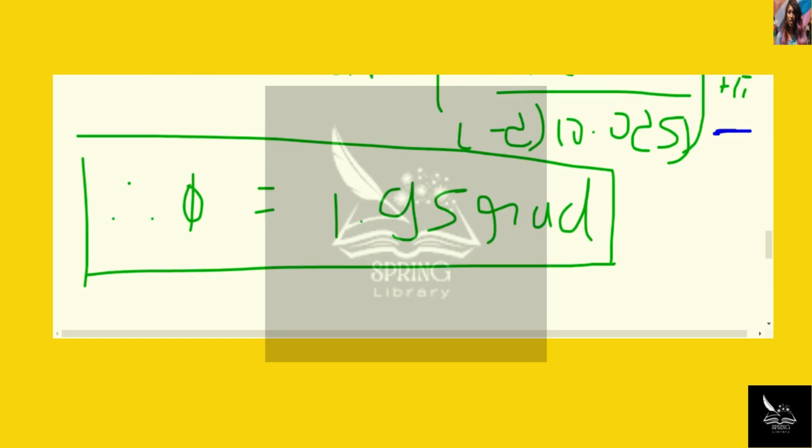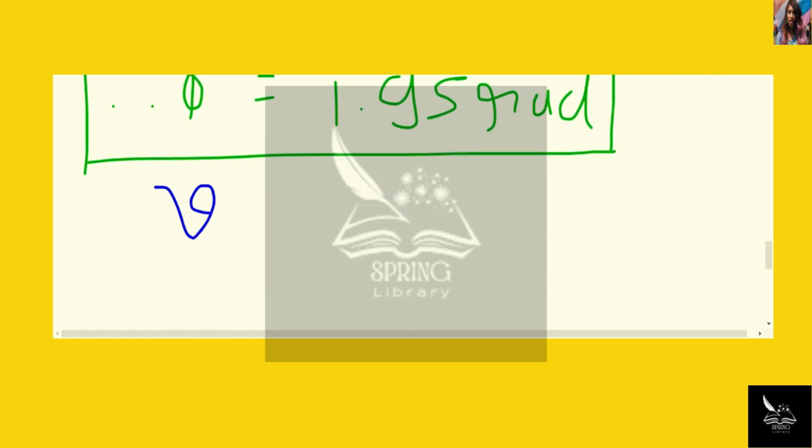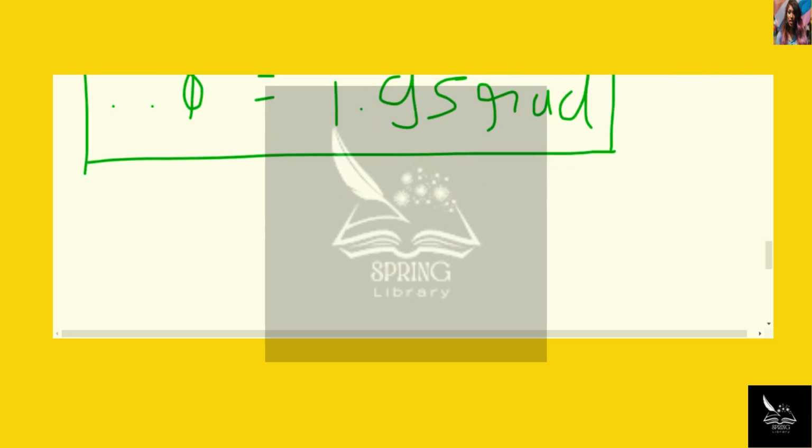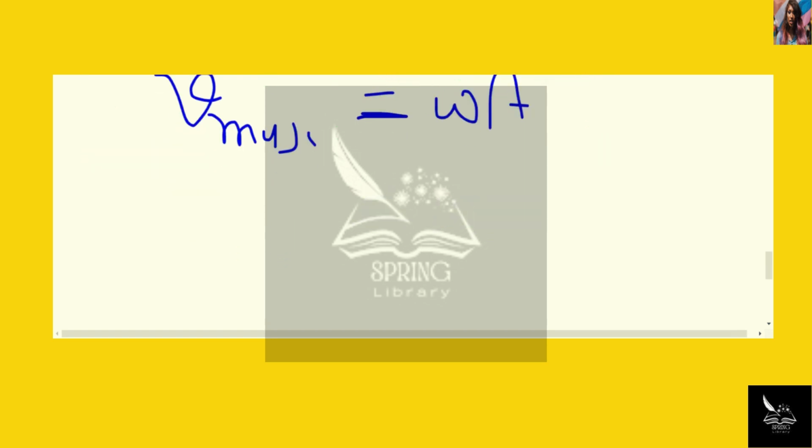Now, in the next part, the maximum transverse speed is the absolute value of the coefficient of the cosine function. So I can write the maximum value, v max is equal to omega A. Again, instead of omega, we will put 2 pi upon T, and with that, we will put the values.